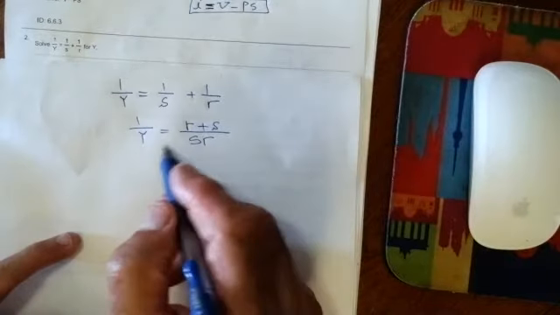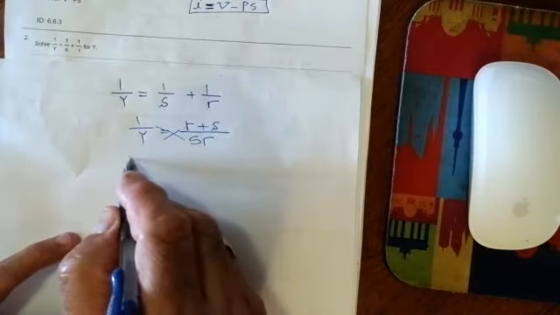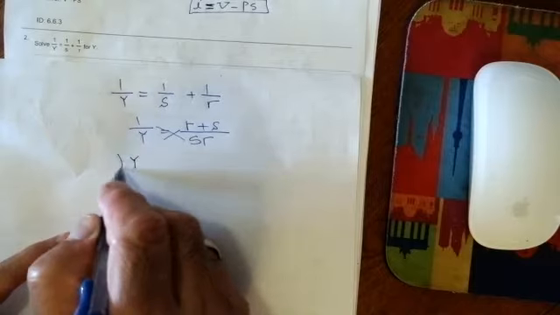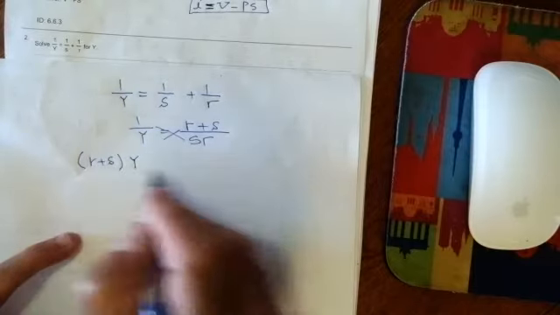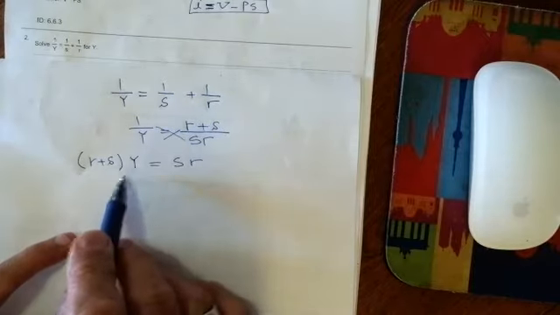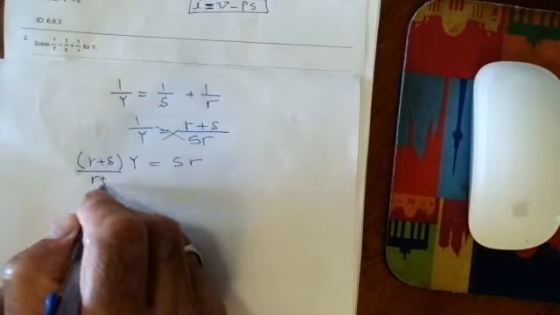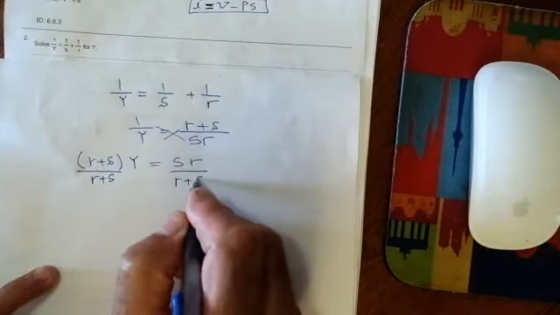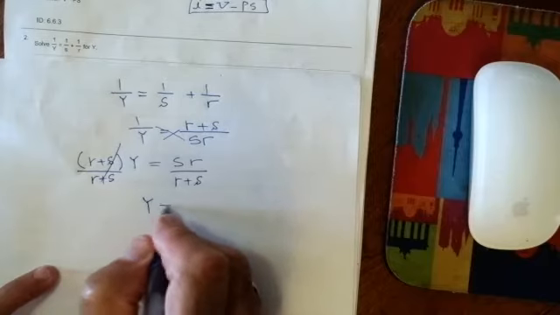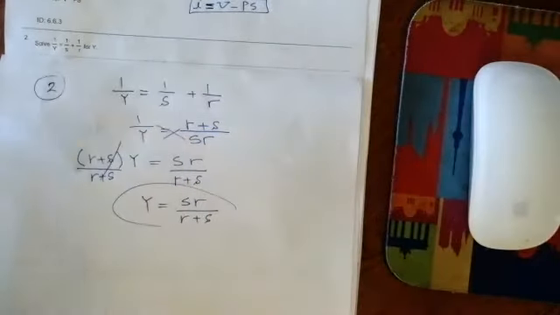And when you cross multiply, then you have r plus s times y is equal to 1 times s times r. But since we are solving it for y, we don't need this parenthesis sitting next to y. So we divide both sides by r plus s. In that case, y is by itself. See, SR over r plus s. So what I did here, I solved the equation for the variable y.